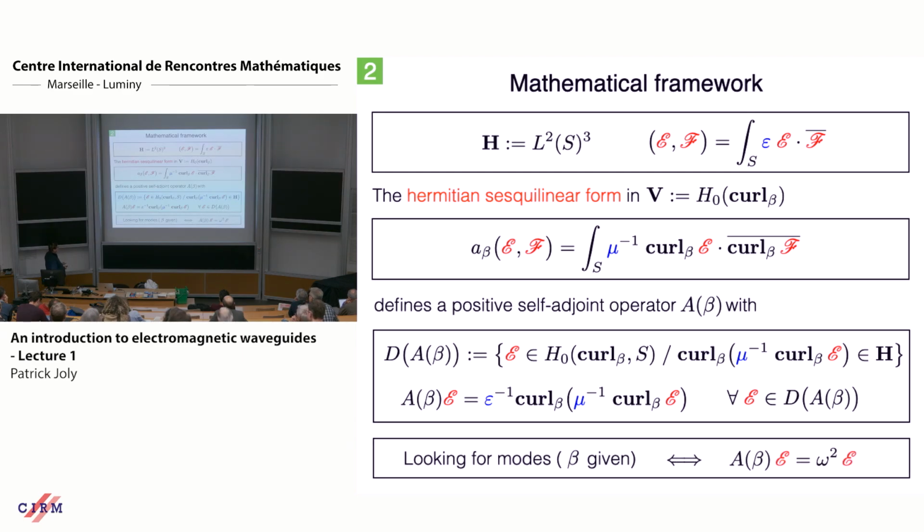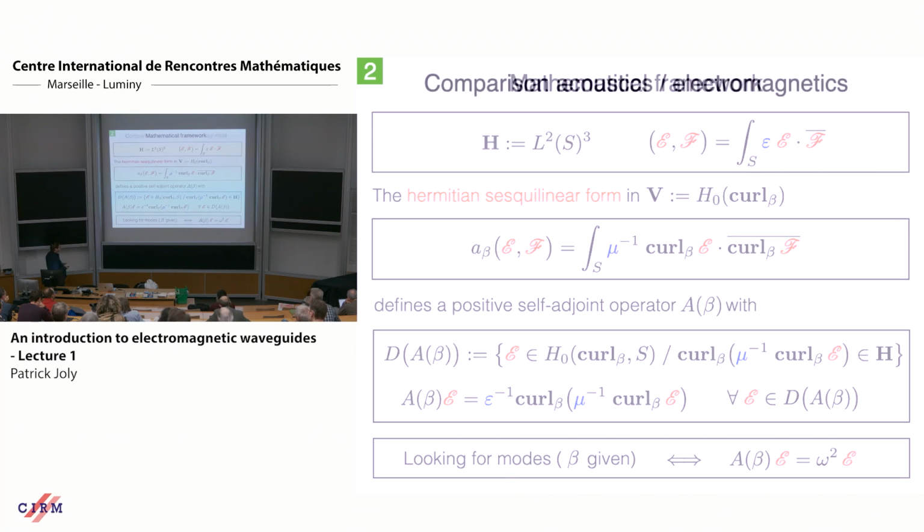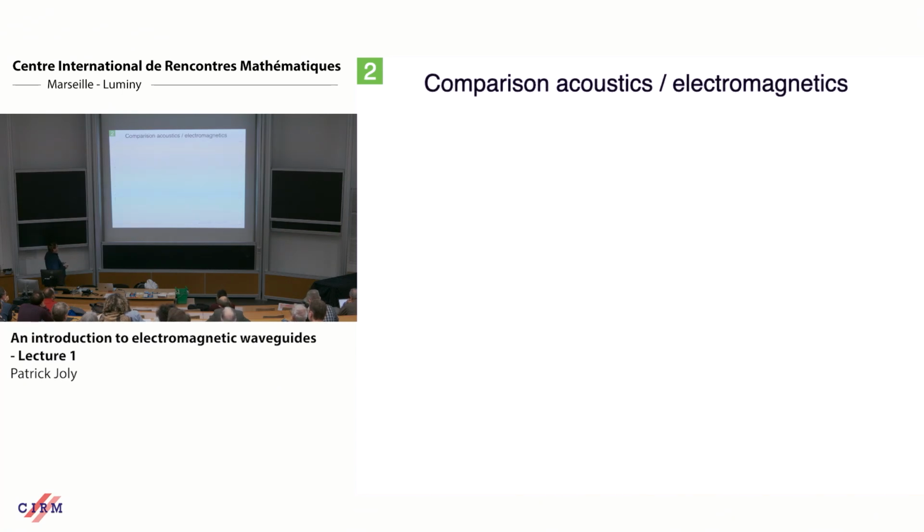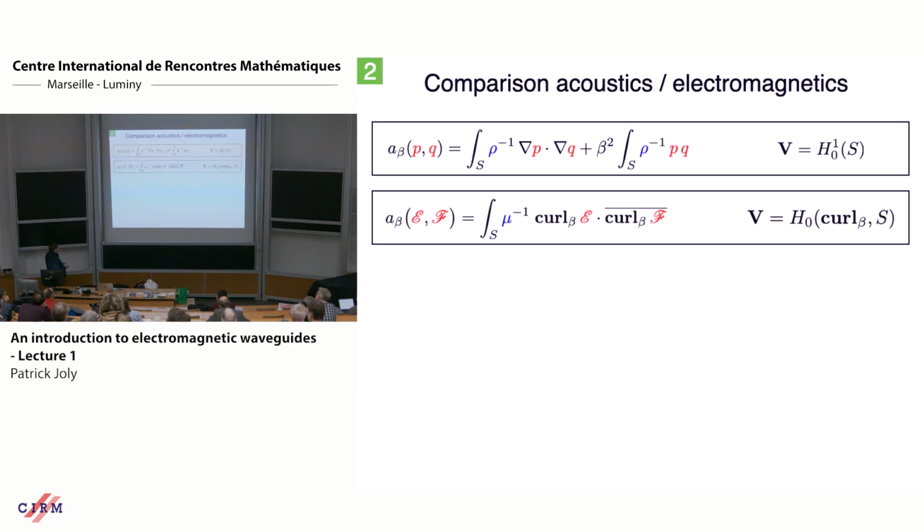So if I look at the problem for beta given, the easy one, you have again a self-adjoint problem, an eigenvalue problem for the self-adjoint operator A of beta, which is a positive self-adjoint operator.